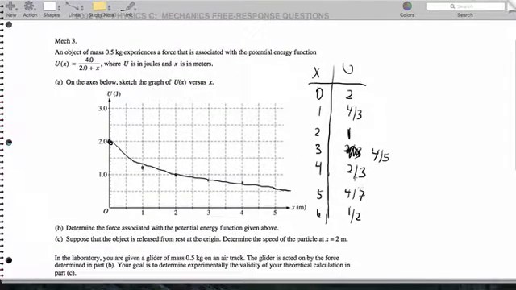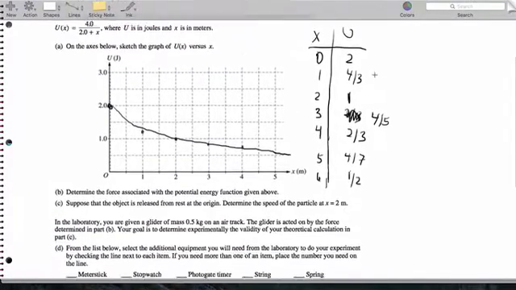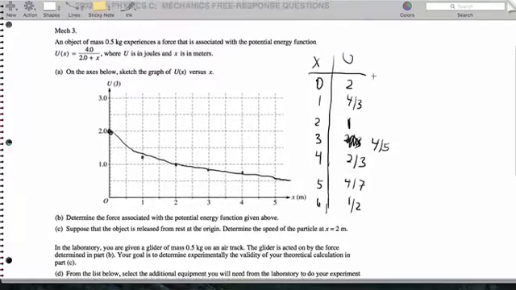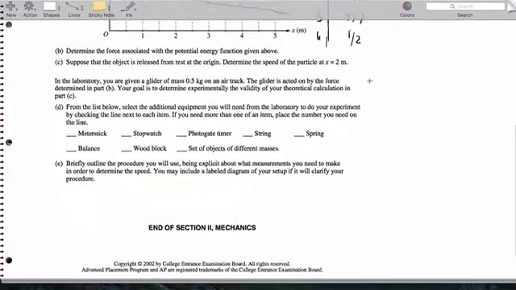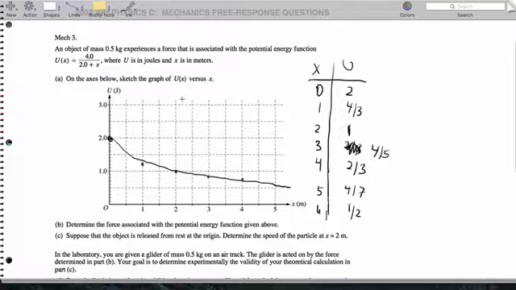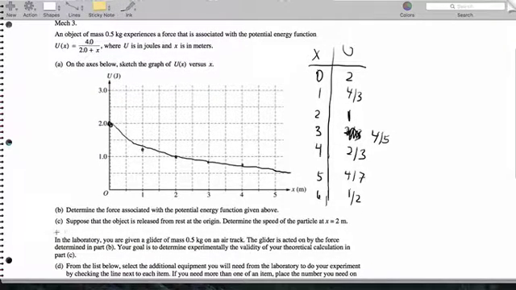Now we want the force associated with the potential energy function above. So for B, let's actually just do that calculation. So we'll do B and C. We'll do B right here. And I'm going to write this a little bit differently. U of x is going to be written as 4 times (2.0 plus x) to the negative 1.